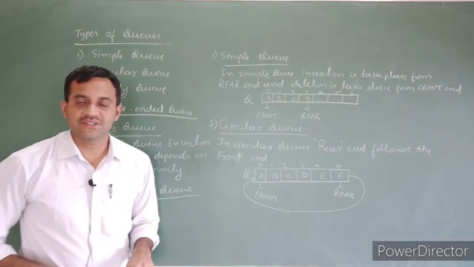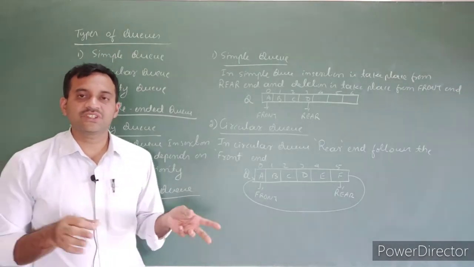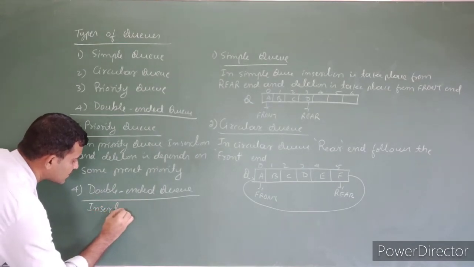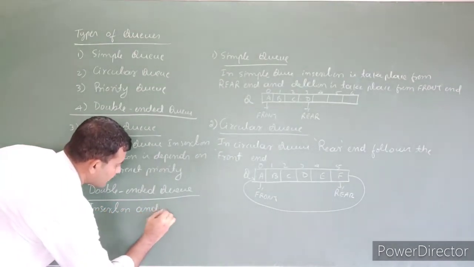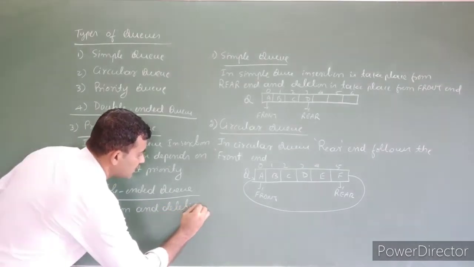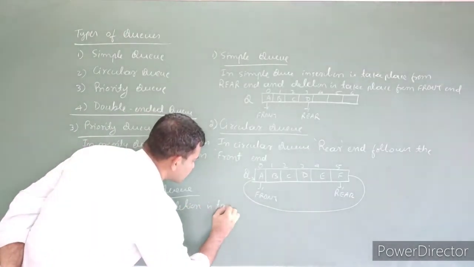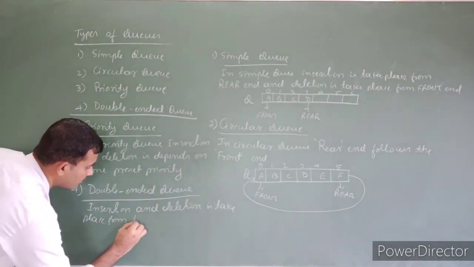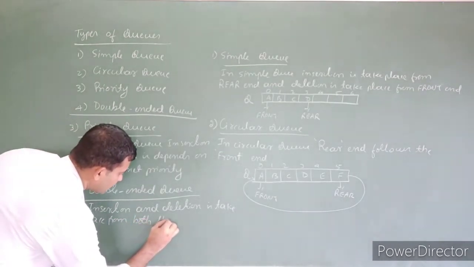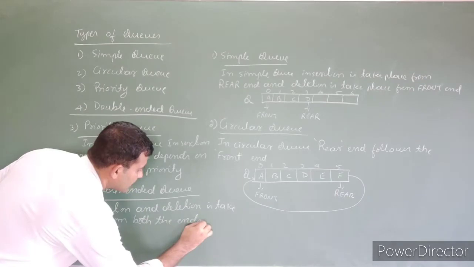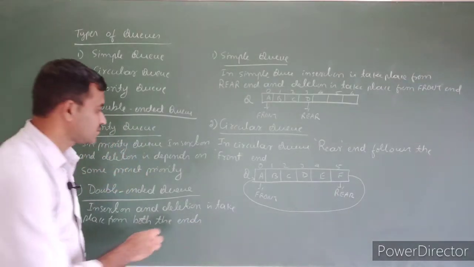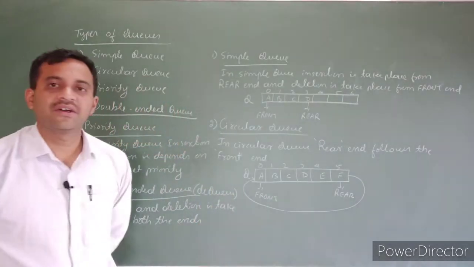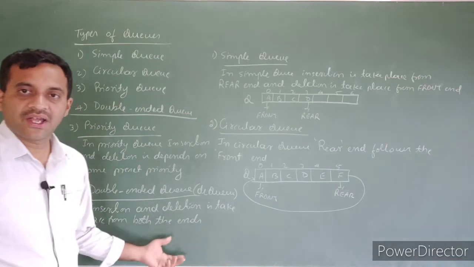The meaning of double-ended is insertion and deletion take place from both the ends. That is the meaning of double-ended queue. It is also called DQ. DQ stands for double-ended queue.